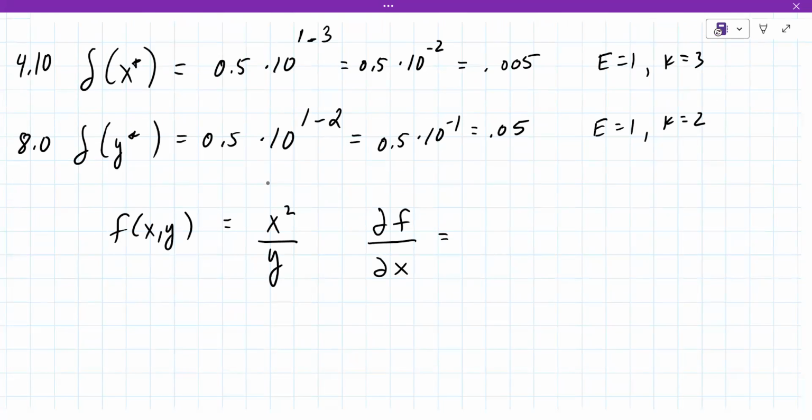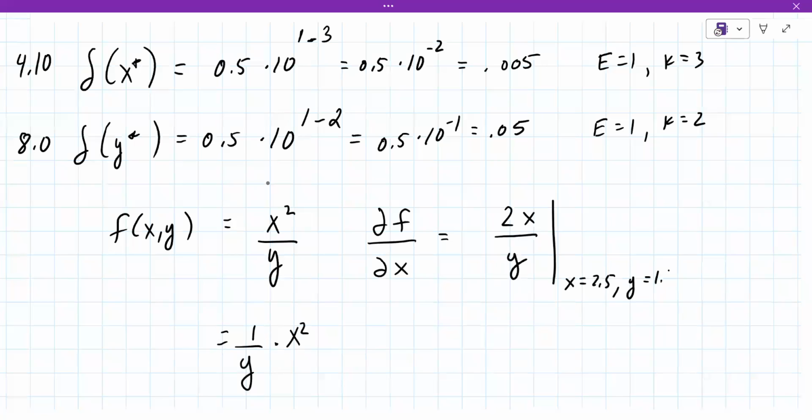We might just rewrite it here, 1 over y times x squared. The partial derivative of f with respect to x is 2x over y. And then you do have to evaluate it at x equals 2.5, y equals 1.5.